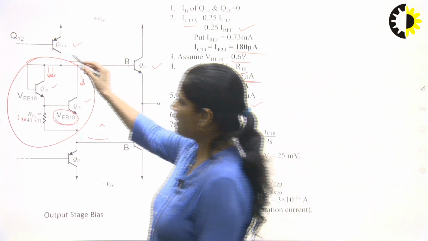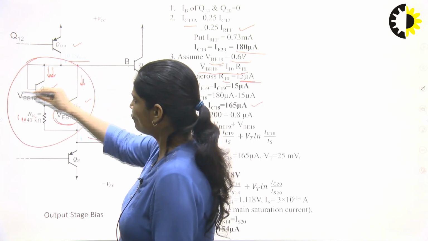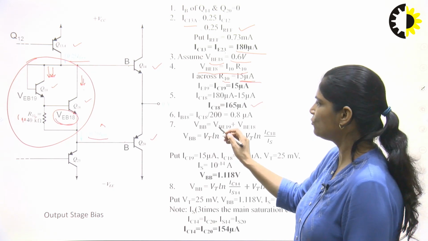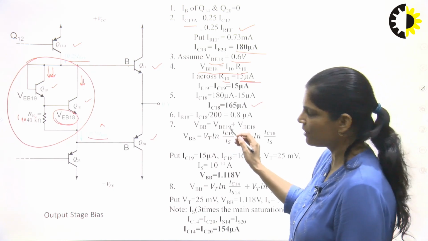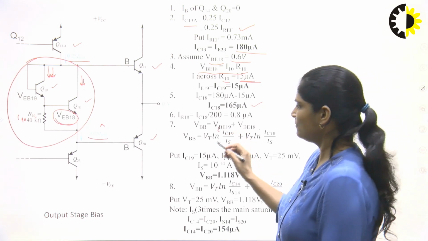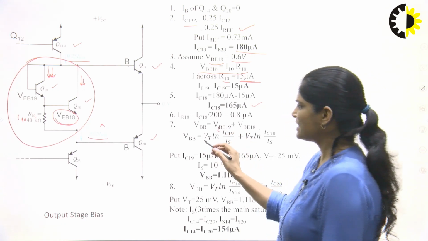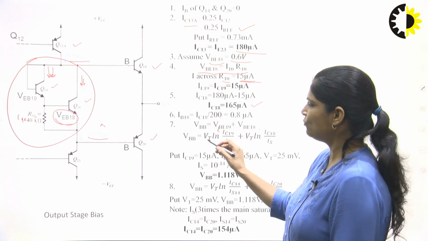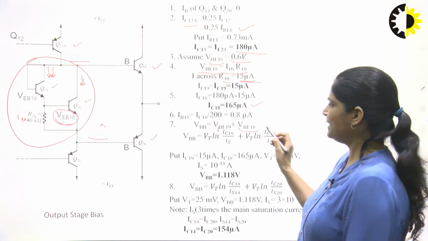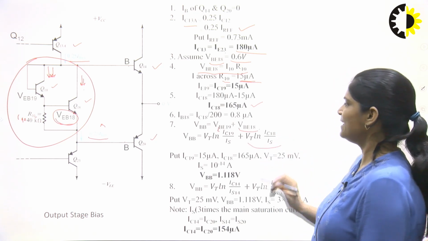Now we have to find the voltage across this circuit diagram. So VBB is equal to the voltage across transistor 19 plus 18. You can put this equation: VBB is equal to VBE19 plus VBE18, where VBE19 is VT ln IC19 upon IS, and VBE18 is VT ln IC18 upon IS.